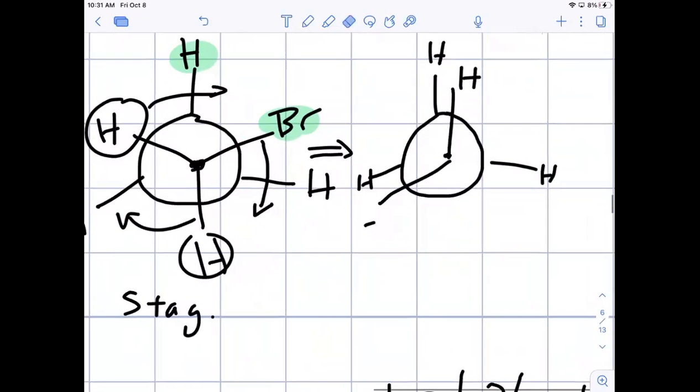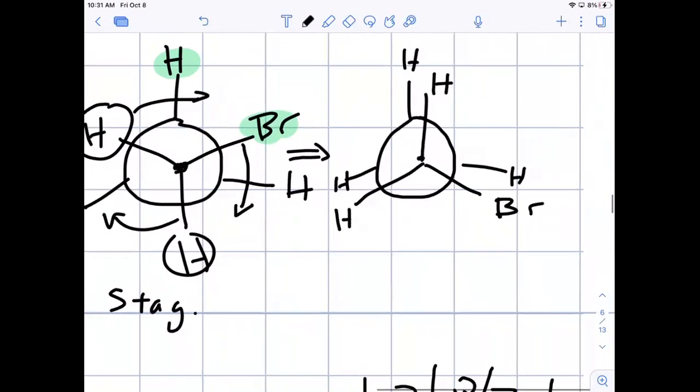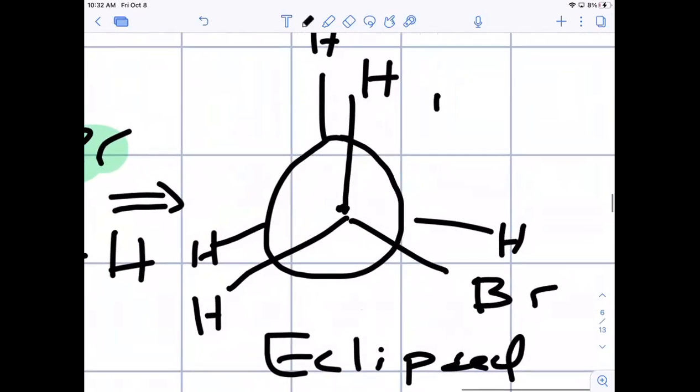And then bromine is now here, right? This is unstable, this is what you call eclipsed, right? What that means is that all of your atoms are overlapping with one another, right? And the angle goes from 60 to 0.